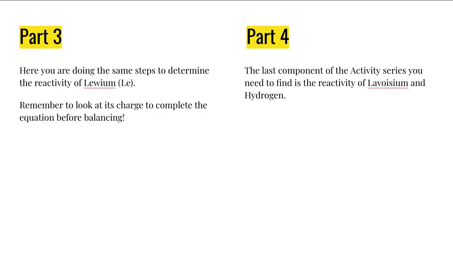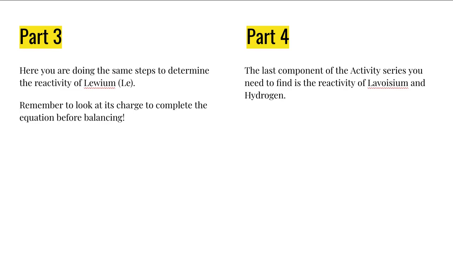You're going to do the exact same thing for part 3 as you did with iridium, but now it's Luwium. Remember to look at its charge to complete the equation before balancing it, like I said before. For this one, I can tell you that there's only one reaction occurring. You're going to have to figure out which one that is for yourself by watching Alyssa's video.